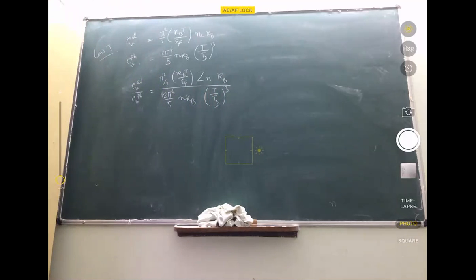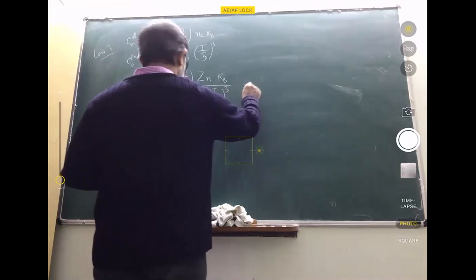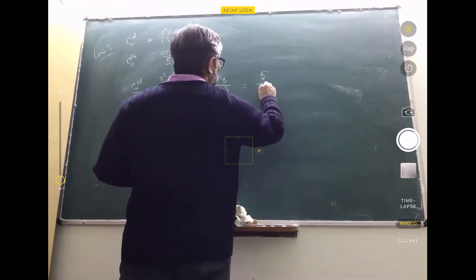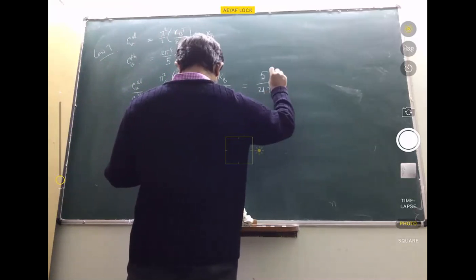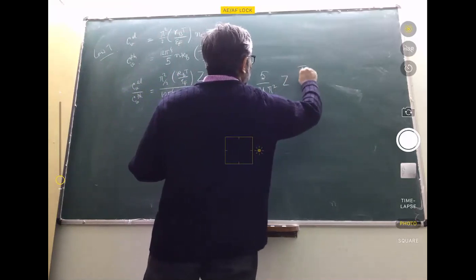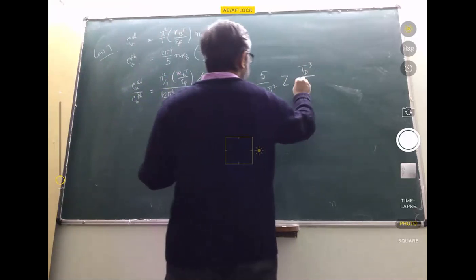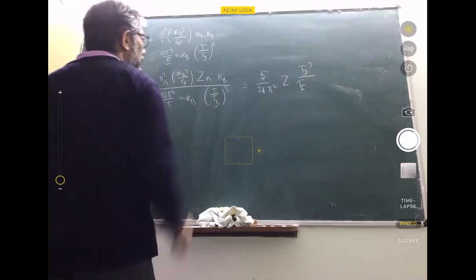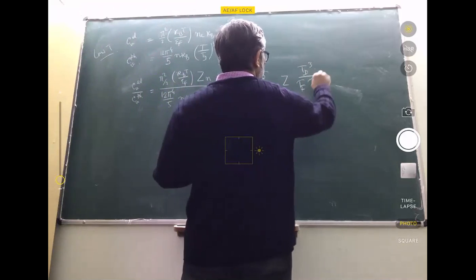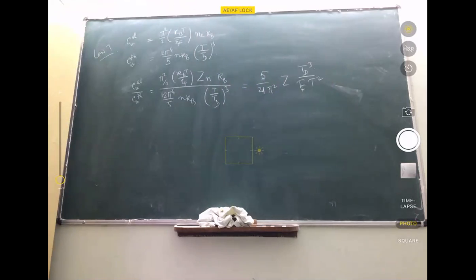Right? And so that will give you, now I can write epsilon F as k_B T_F.